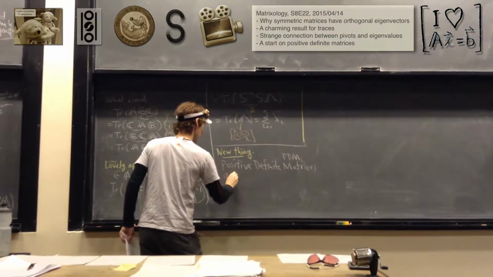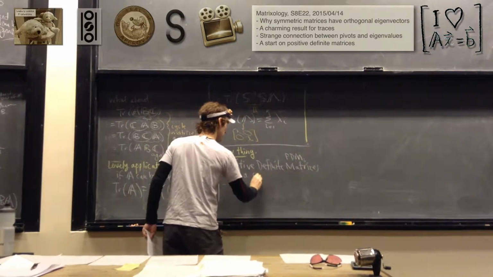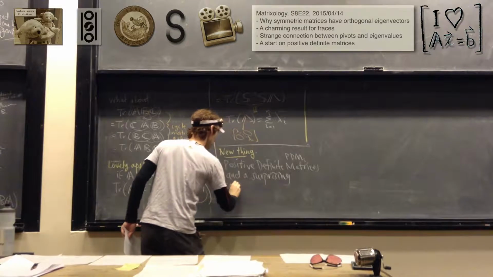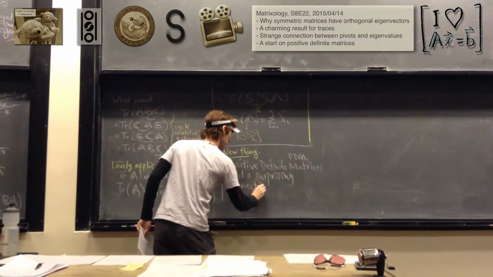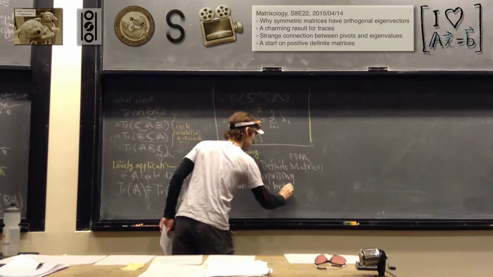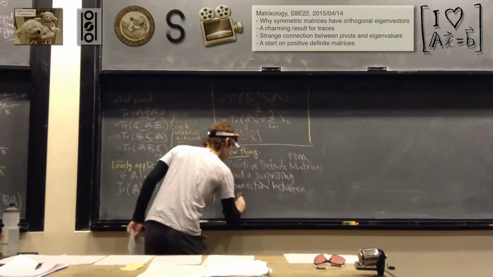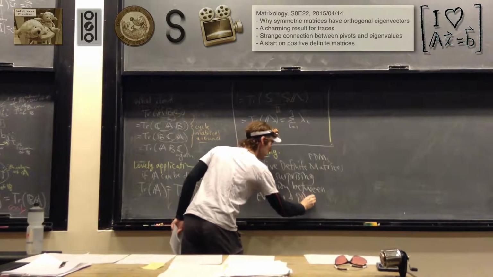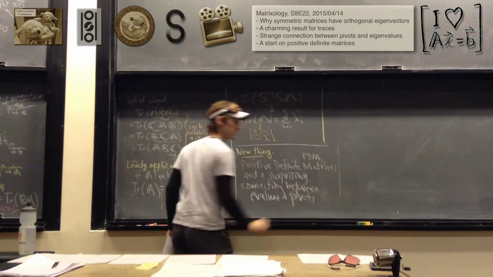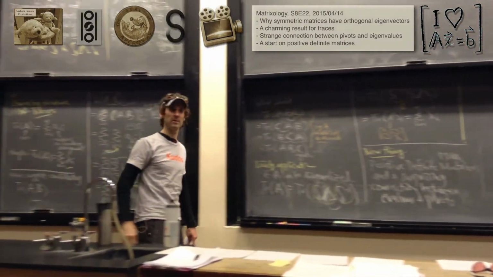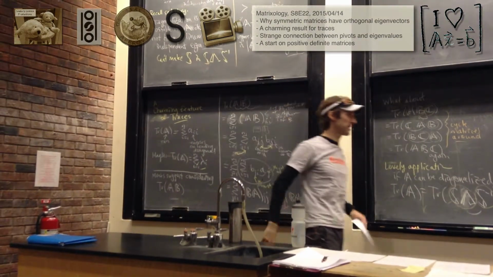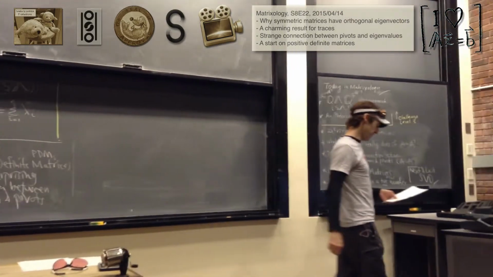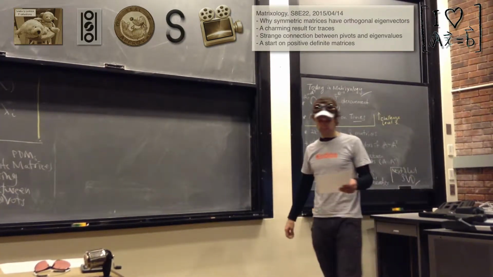And a surprising connection between eigenvalues and pivots. Between E-values and pivots. So we're going to go off and explore some other territory, sort of like we did with determinants. We rummaged around the determinant box and then brought back some things, but we explored more than we did too.